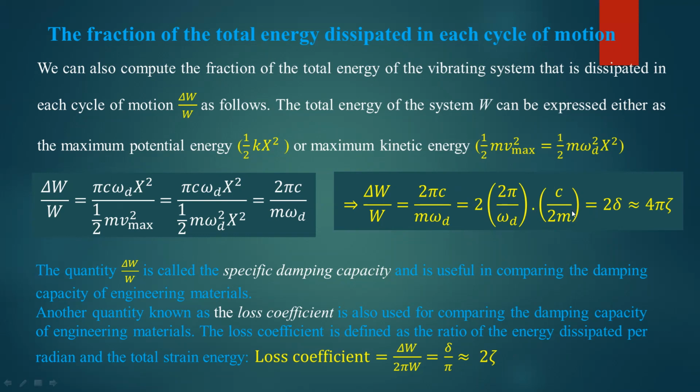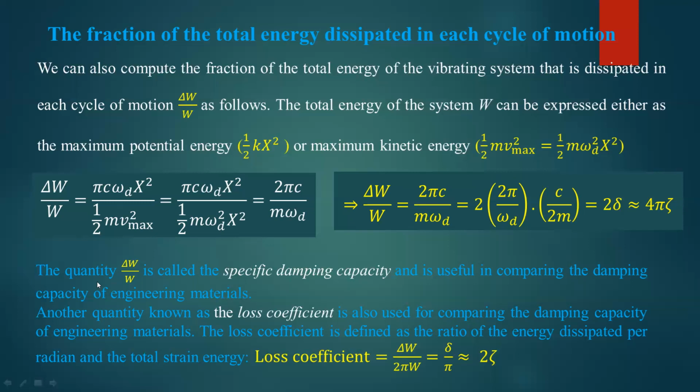The damping c over 2m is zeta, as we know. That is delta actually. So finally what we get is 2 times delta, or approximately 4 times pi zeta. That is another relation with various constants.